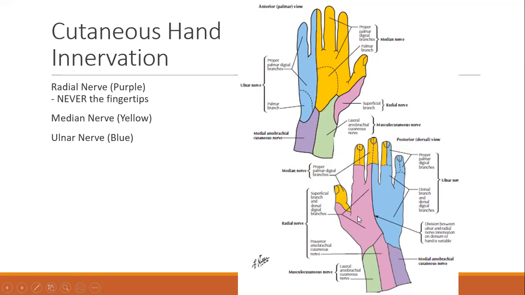And then the last bit that helped me when remembering cutaneous innervation for the hand is that radial nerve goes all the way up here on your thumb. It doesn't go to the fingertip, but it is a large portion of thumb cutaneous innervation, even coming around to the palmar side.